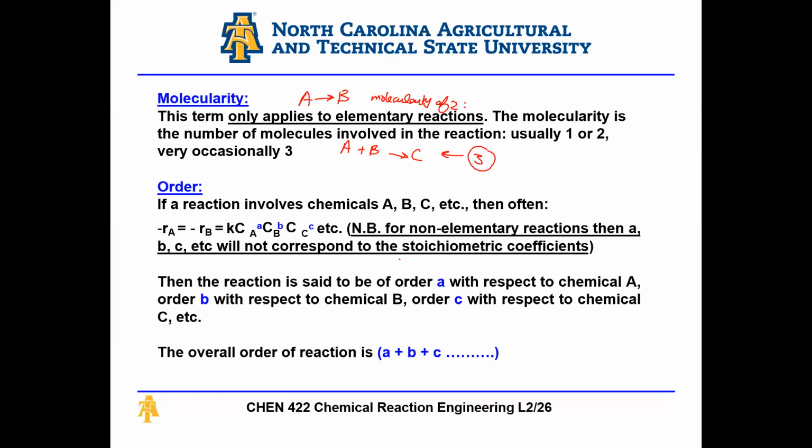For a non-elementary reaction, a, b, and c will not correspond to stoichiometric coefficients. But talking about elementary reactions, if you have a reaction involving 3 chemicals and this is your reaction rate, then the reaction is said to be of order a with respect to chemical A, order b with respect to chemical B, order c with respect to chemical C, etc. And your overall order of reaction is a plus b plus c. Okay? So in order to determine the overall order, you just add up your stoichiometric coefficients up here.